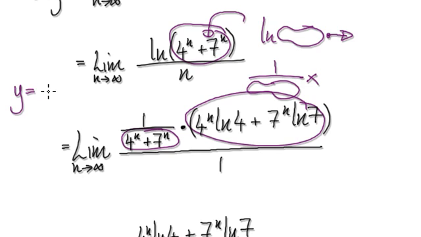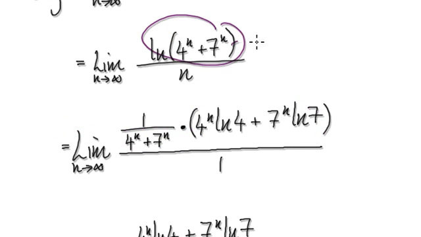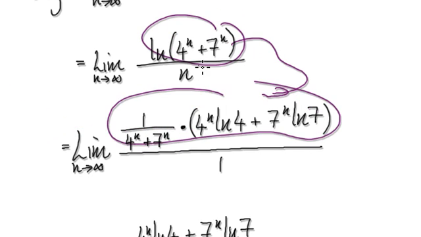Remember, if you have y equals 4 to the power of n, if you differentiate this, it will then give you natural log of 4 times 4 to the power of n. So differentiate this, it will then give you this whole thing here.